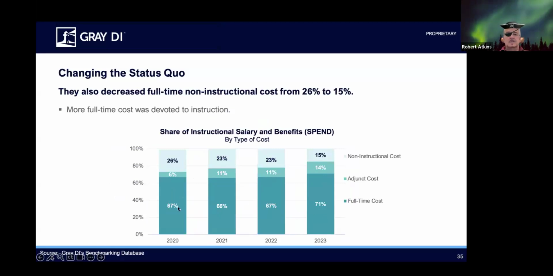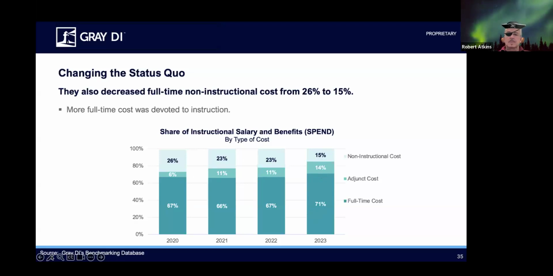The percentage of faculty time spent teaching went up from 67% to 71%. The adjunct percentage of time spent teaching went up from 6% to 14%, an 8% increase. What shrank was non-instructional cost of faculty members.